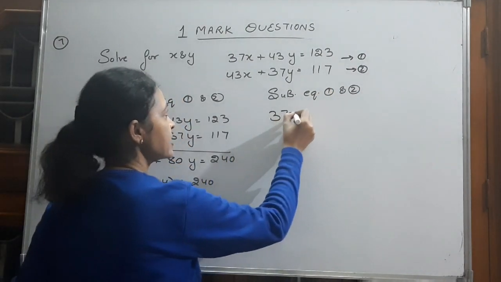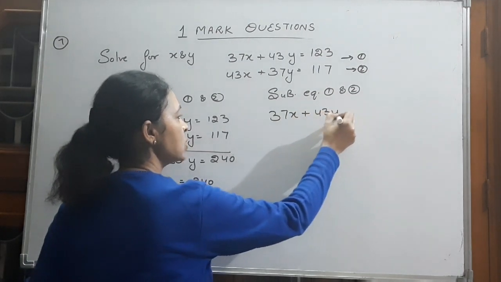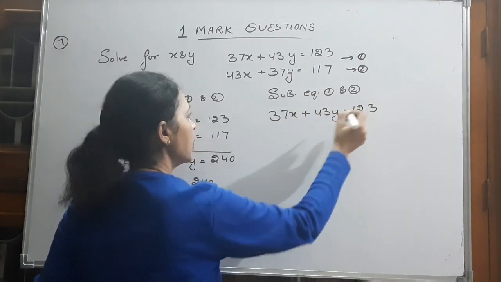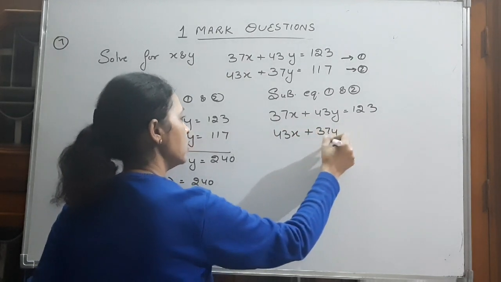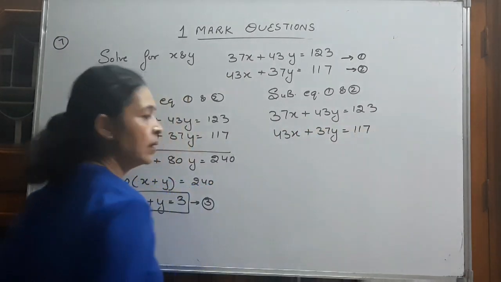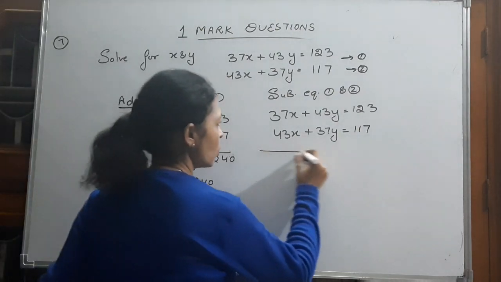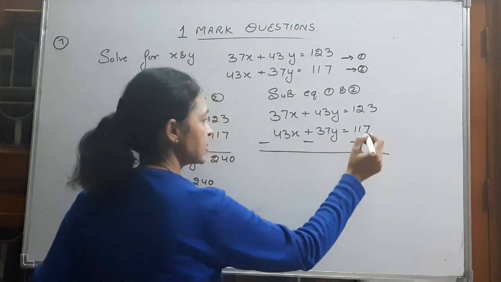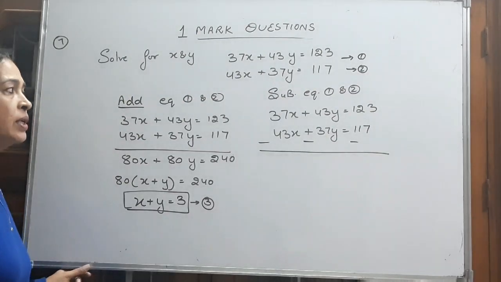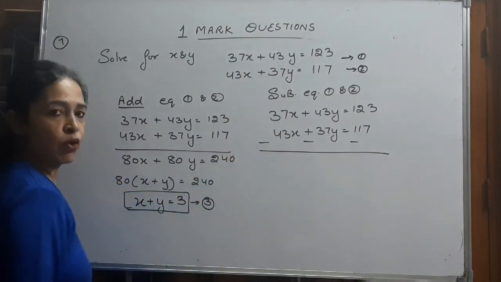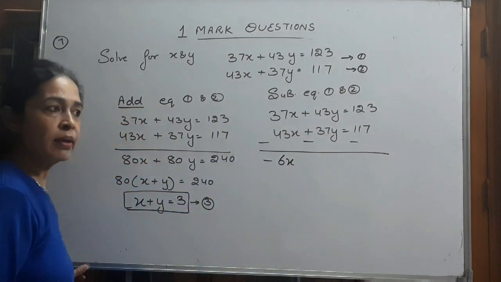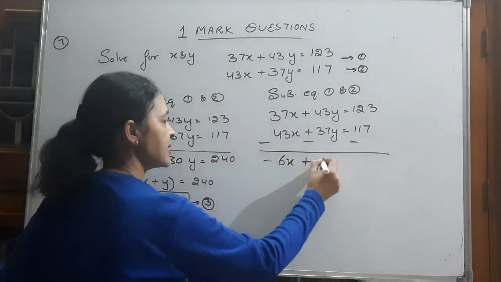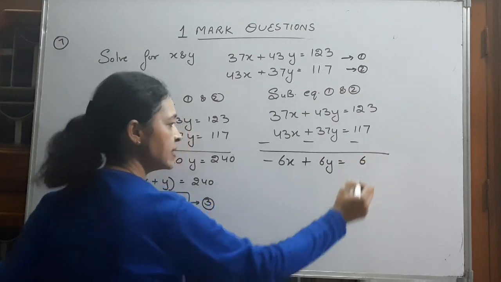First is 37x plus 43y equals 123 and 43x plus 37y equals 170. Now we have to subtract these. What will we do? We will change the signs of the second equation. 37x minus 43x is minus 6x, plus 43y minus 37y is plus 6y, equals 6.